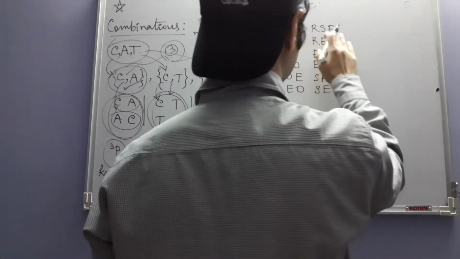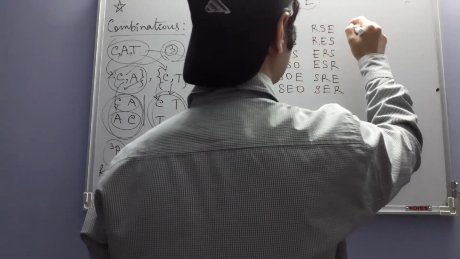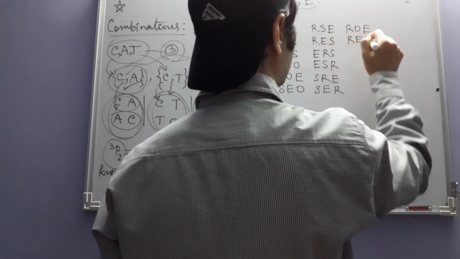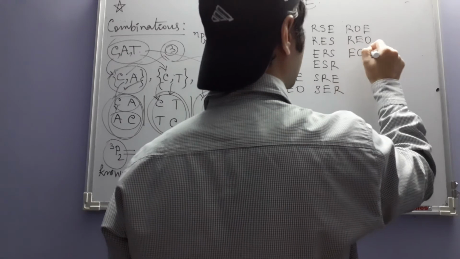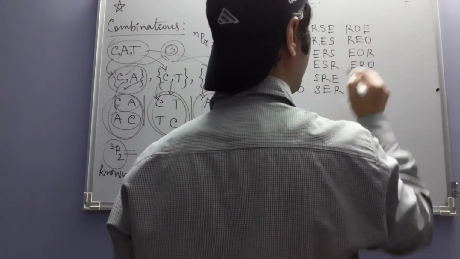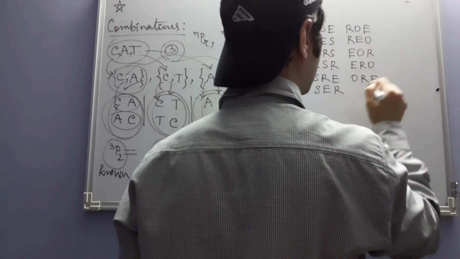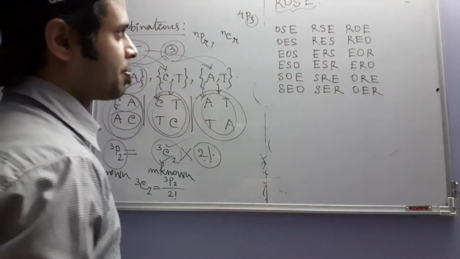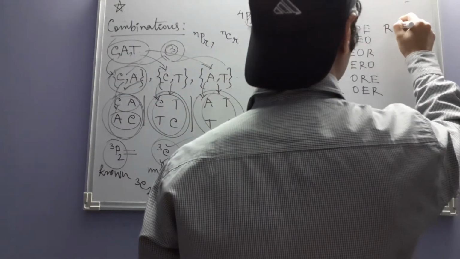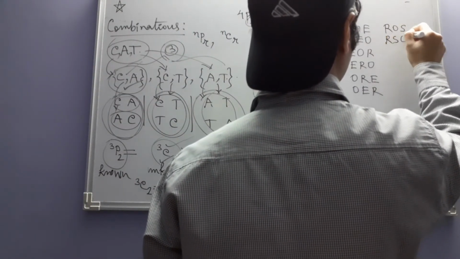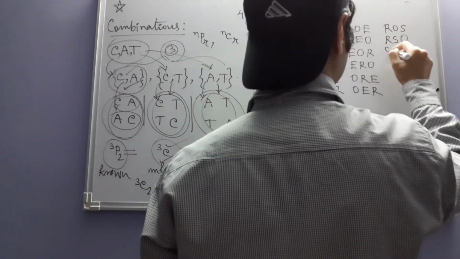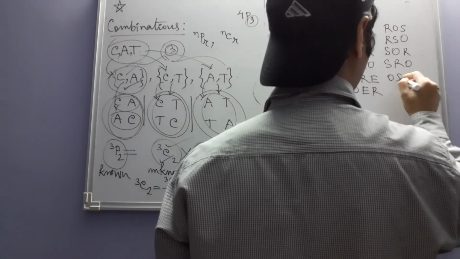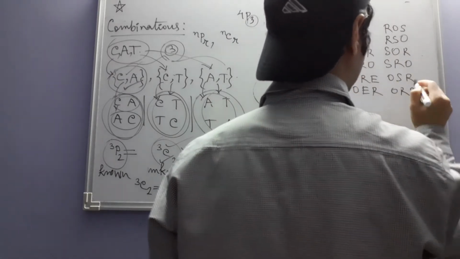So here OSE, RSE, then ROE, REO, EOR, ERO, ORE, OER, and finally ROS, RSO, SOR, SRO, OSR, ORS.